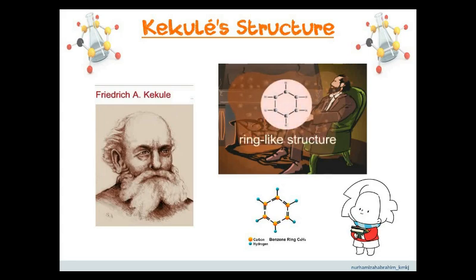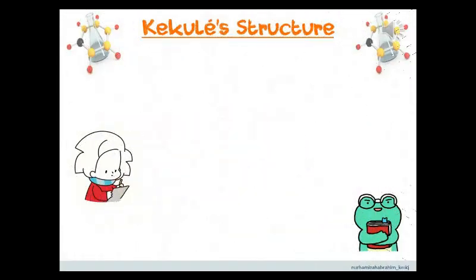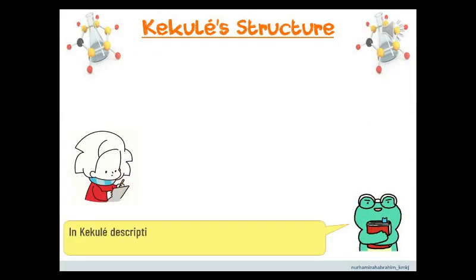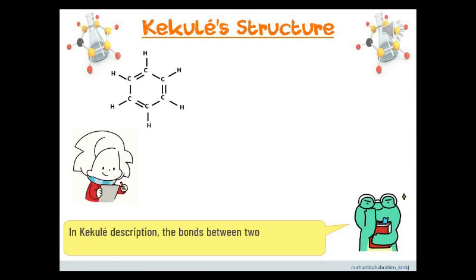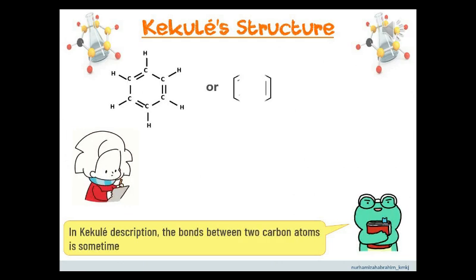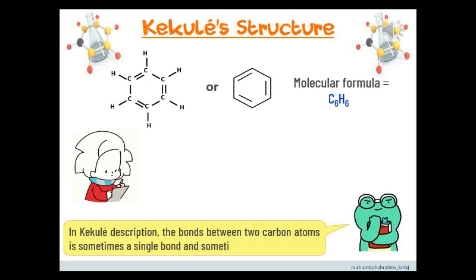In this way, Kekulé arrived at the hypothesis that the benzene molecule has a ring-like structure, which was soon confirmed by experimental techniques. In Kekulé's description, the bond between two carbon atoms is sometimes a single bond, and sometimes a double bond.